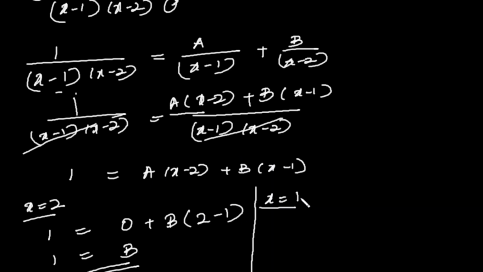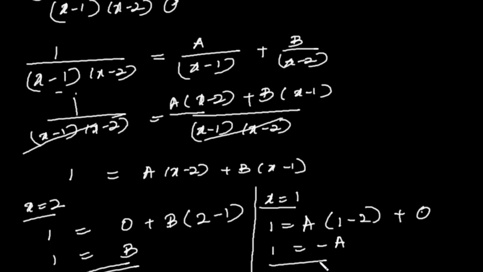Okay, I will substitute x equals 1. So 1 equals a(1 minus 2) plus 0. Okay, 1 equals a times (1 minus 2), which is minus 1. So minus 1 times a means minus a.